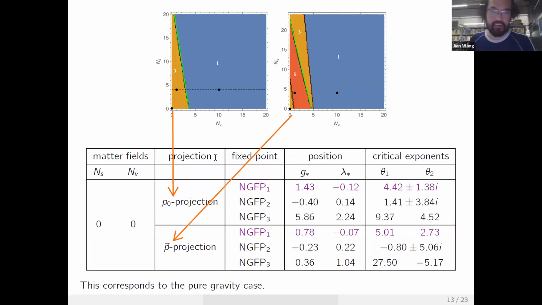For the pure gravity case, we have 0 scalar or matter fields, and we found that for both projections, we have 3 non-Gaussian phase points. By looking at the critical exponents, we will see that only for the first phase point are the critical exponents independent of the projection.